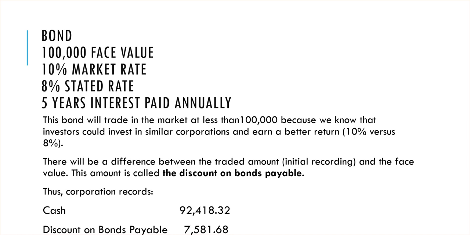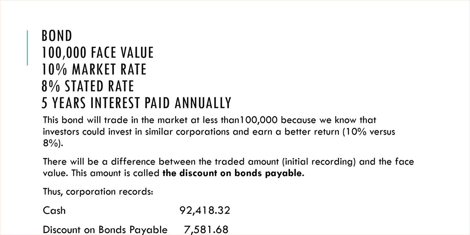But you have to first look at this problem, and the setup is on the previous slide. You have to look at the two cash flows. What are the two cash flows? One cash flow is the $100,000 that the corporation's going to have to pay back after 5 years. You need to discount it, PV of 1, 5 years, at the 10% rate.